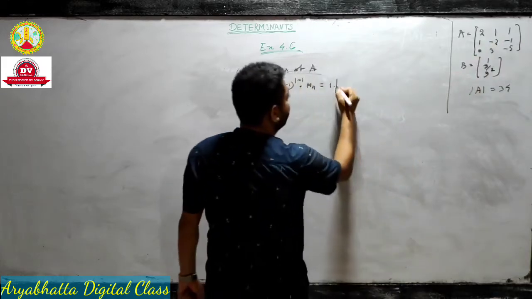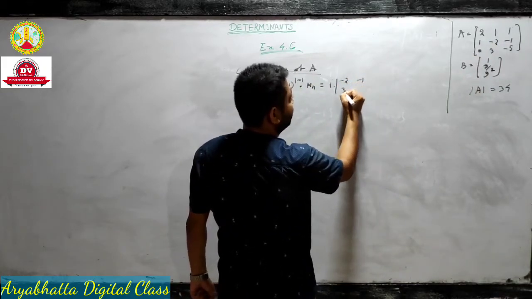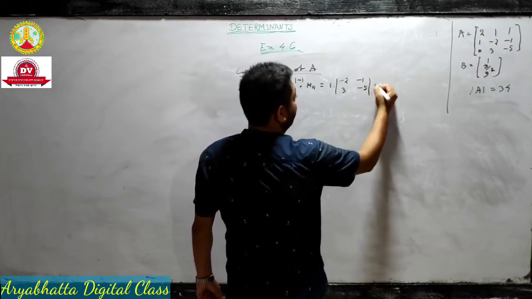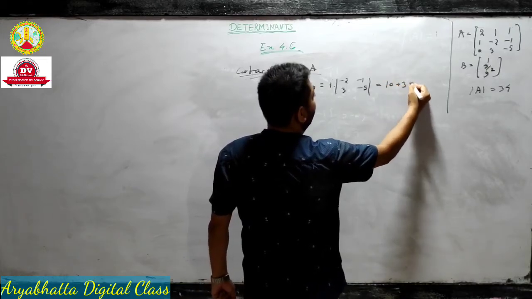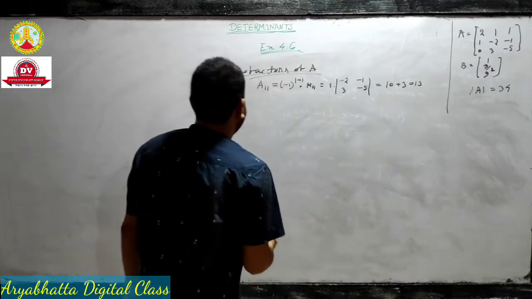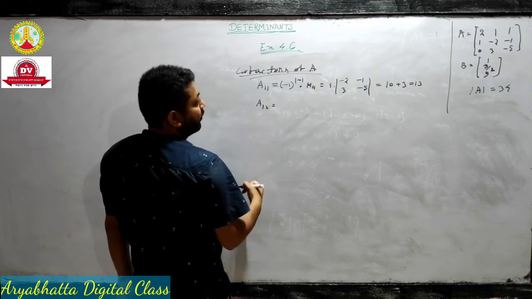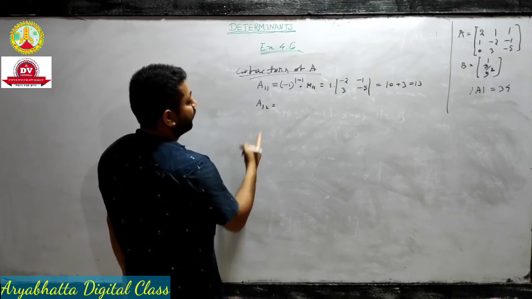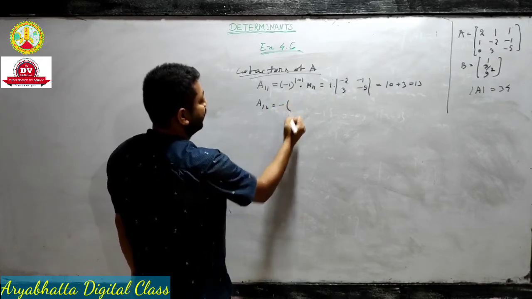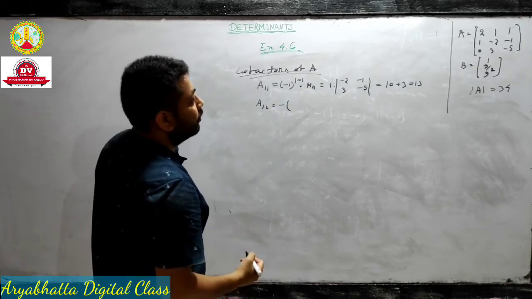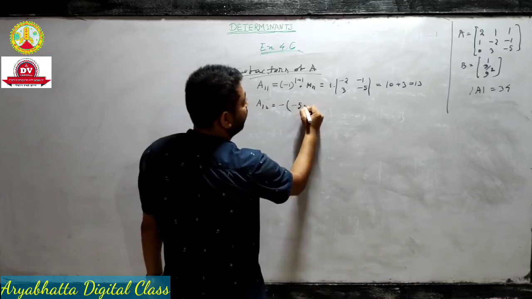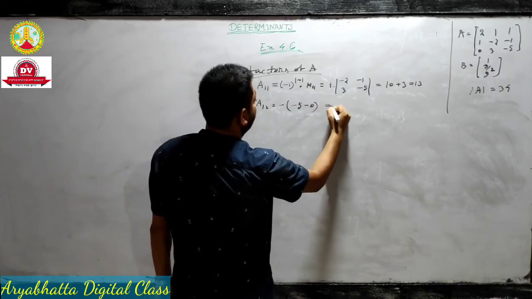Then we have minus 2, minus 1, 3, minus 5. This is equal to 10 plus 3 equal to 13. Next, A12 is equal to minus bracket minus 5 minus 0. This is equal to 5.